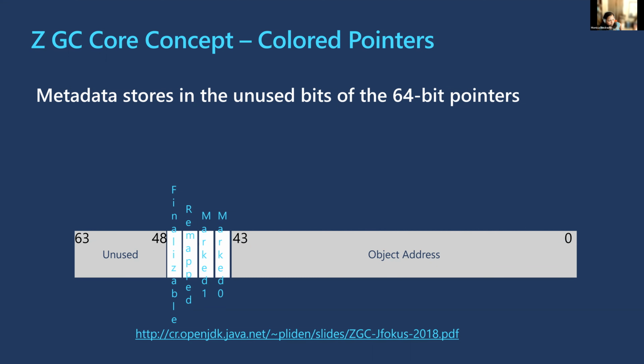For any kind of knowledge that you need about the object, you need to have certain metadata, and every GC handles it in a different way. For ZGC, this is what it does.